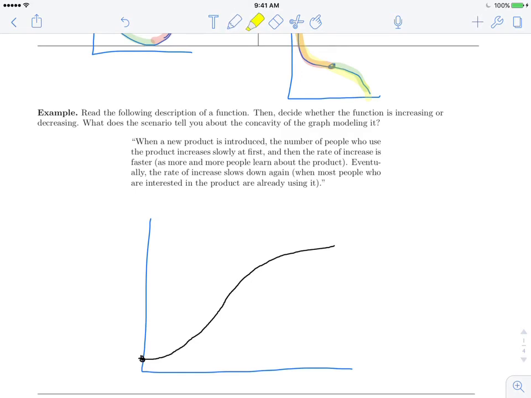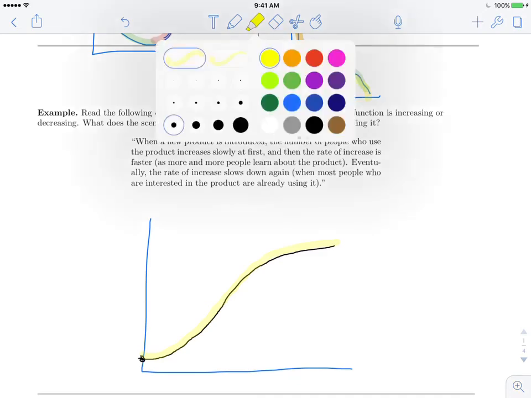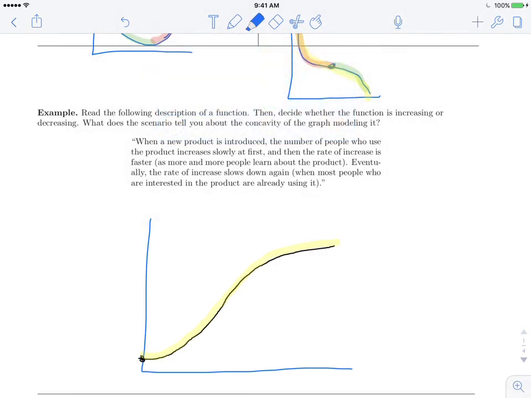All right, well, the function is actually always increasing the whole time. Nothing's changing. They never told us that the product sold less at one point than it did another time, or at a rate that's lower than another time. It says the rate of increase slows down, but it's still increasing. Now the concavity of this is a different story.